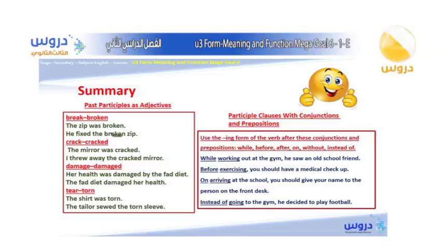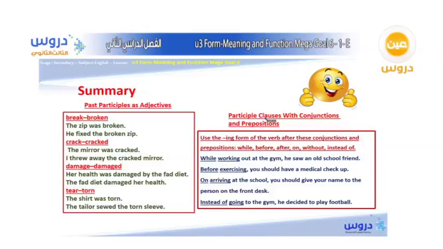Broken and cracked are used as adjectives here. Damage, damaged. Damage is the present form, and damaged is the past participle. Her health was damaged by the fad diet. The fad diet damaged her health. Tear, torn. The shirt was torn. The tailor sewed the torn sleeves.